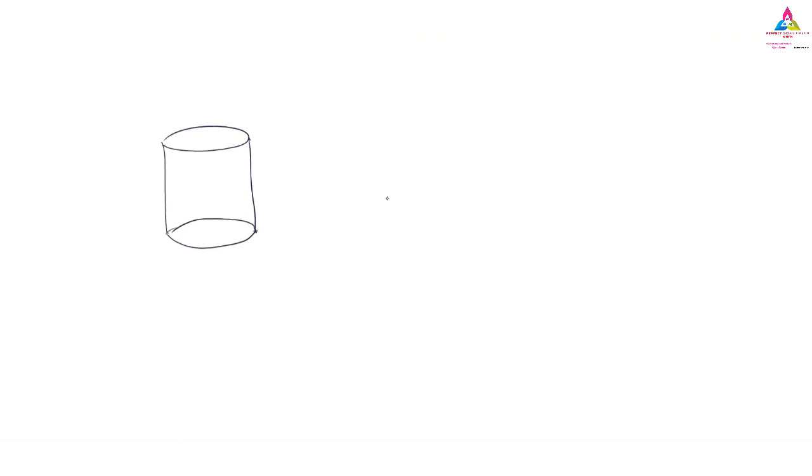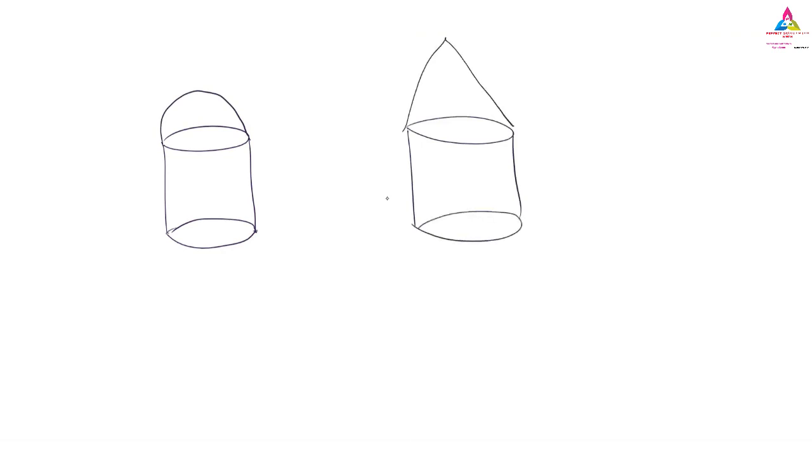I have not told you to find only the cylinder volume. I have inserted one more thing, a hemisphere above the cylinder, or the cylinder is based on one more cone. So the volume is increasing.